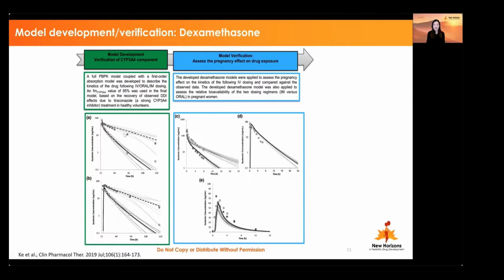And then on the right shows the model verification by simulating the drug exposure following IV dosing in the pregnant population and comparing to the observed data. In addition, the developed dexamethasone model was also applied to assess the relative bioavailability of intramuscular and oral administration in the pregnant women, and the results are comparable to the observed data.